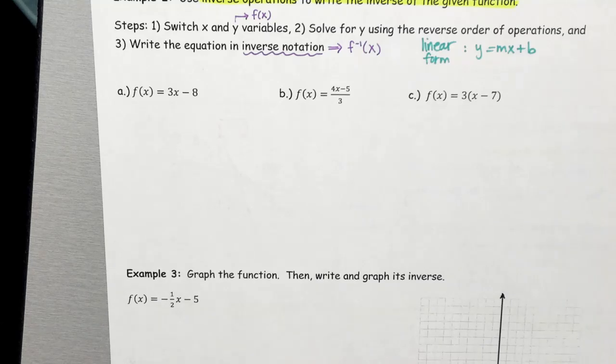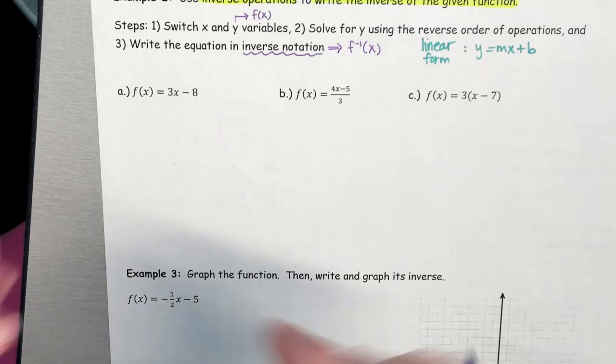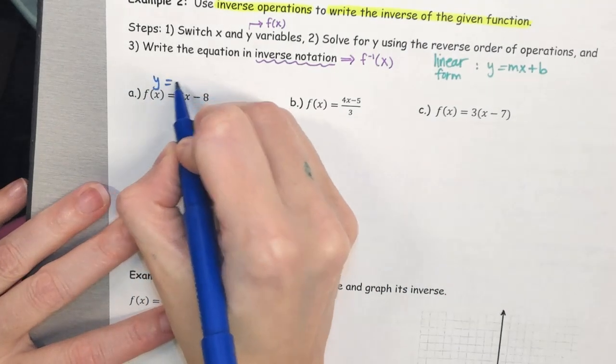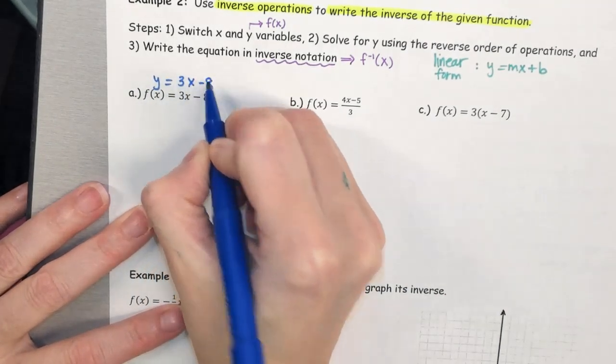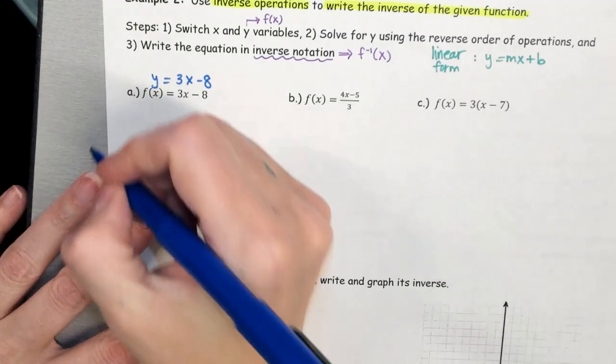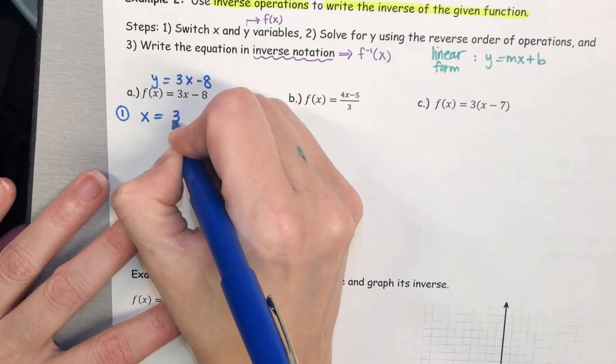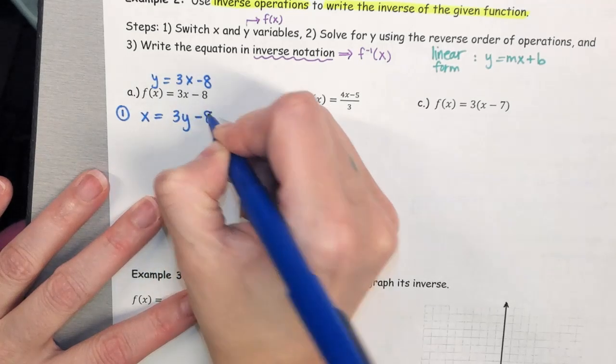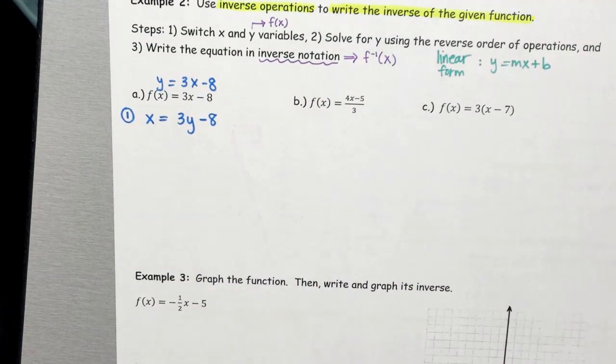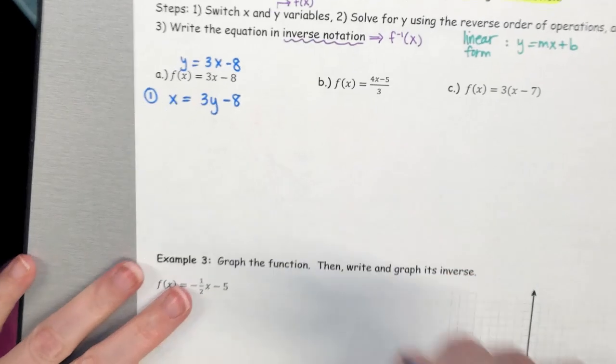All right, so starting with A, you have f of x equals, that's the same thing as y equals 3x minus 8. So step 1 is to switch the x and the y. So we have x equals 3y minus 8. Okay, and then once you've done that, we are just going to solve using inverse operations.